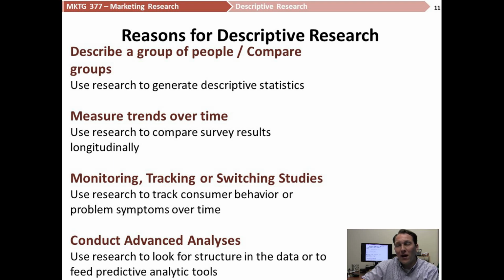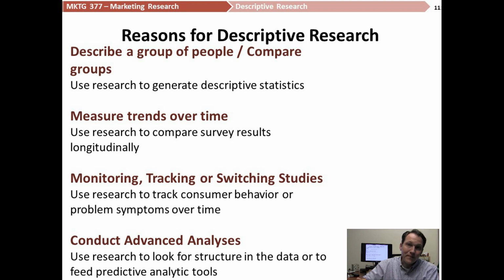I can also try to measure things over time, and there are different trends that I might want to look for in data. I might just want to see if satisfaction is going up or down, or if engagement is going up and down. I might specifically want to also conduct monitoring, tracking, or switching studies, which are more specific forms of trend measurement. Monitoring studies might be set in place to look for key symptoms that might trigger a response that there's a problem occurring.